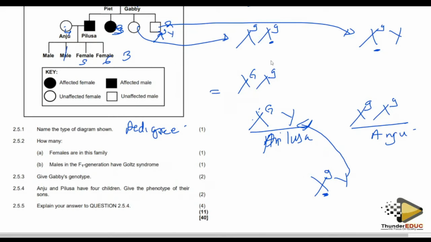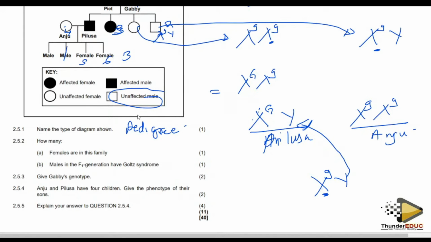Why? Because the father is always giving the Y chromosome, so the X came from the mother. And since it is recessive, the person is unaffected. So the answer is unaffected males, or males without Hortis syndrome.